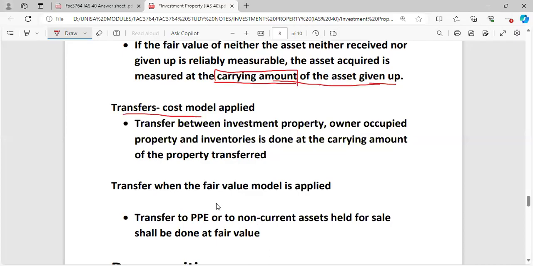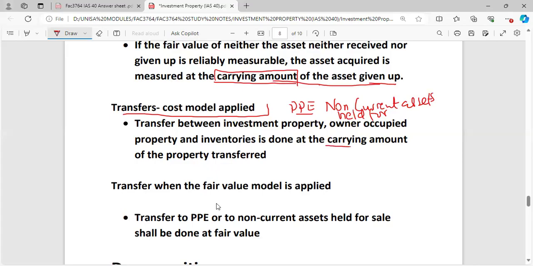But let's look at when we do our transfer. Mostly when you transfer investment property, it's either you transfer it to PPE or to non-current assets held for sale. So what is important for you is to know the value that you transfer.